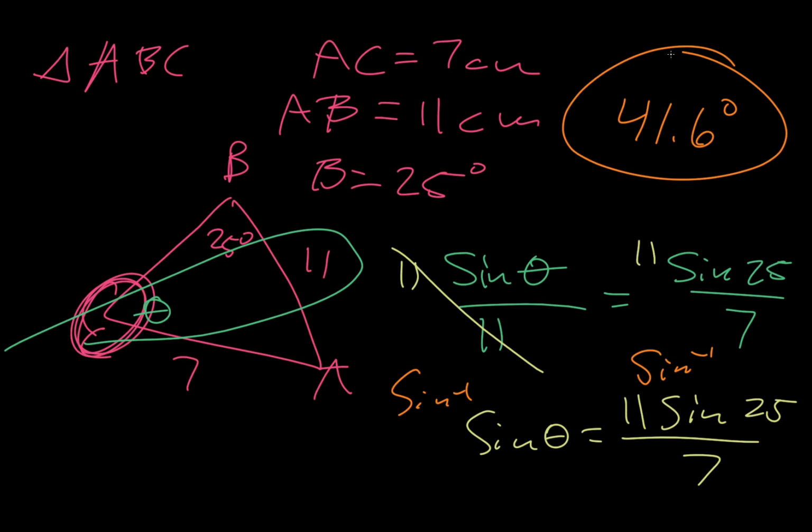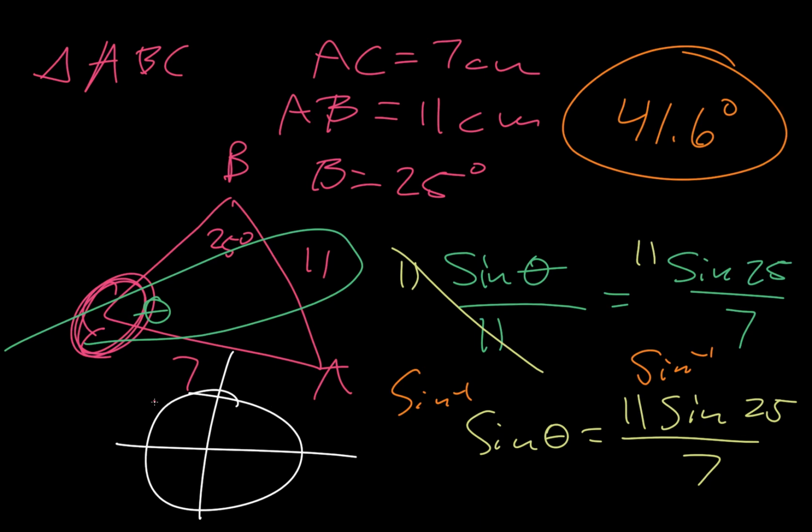Now, the issue here is that we actually can get more than one answer with this. If we go back to the unit circle, we can see that we would actually have two values for sine.